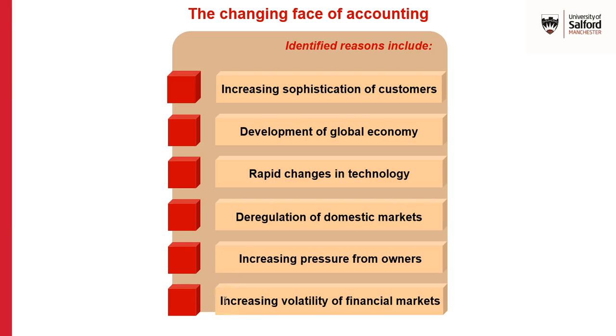Increasing volatility of financial markets is another factor. Markets do periodically engage in high volatility, which is just a way of saying that the share price goes up and down a great deal. It's not a continuing trend of volatility. It varies a lot. It has been extreme in the past as well.